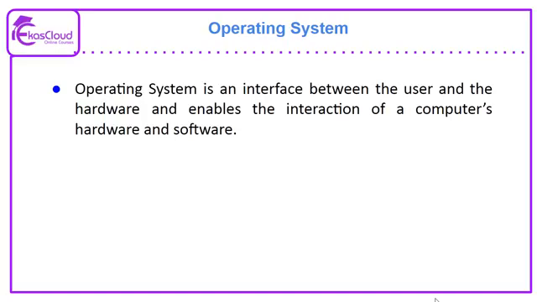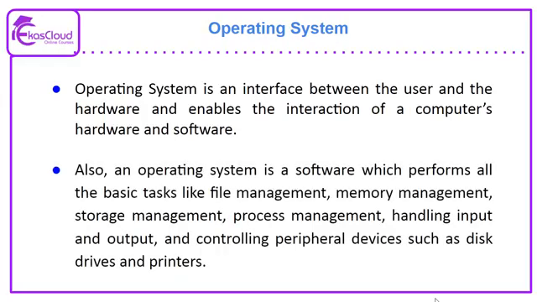Also, an operating system is software which performs all the basic tasks like file management, memory management, storage management, process management, handling input and output, and controlling peripheral devices such as disk drives and printers.